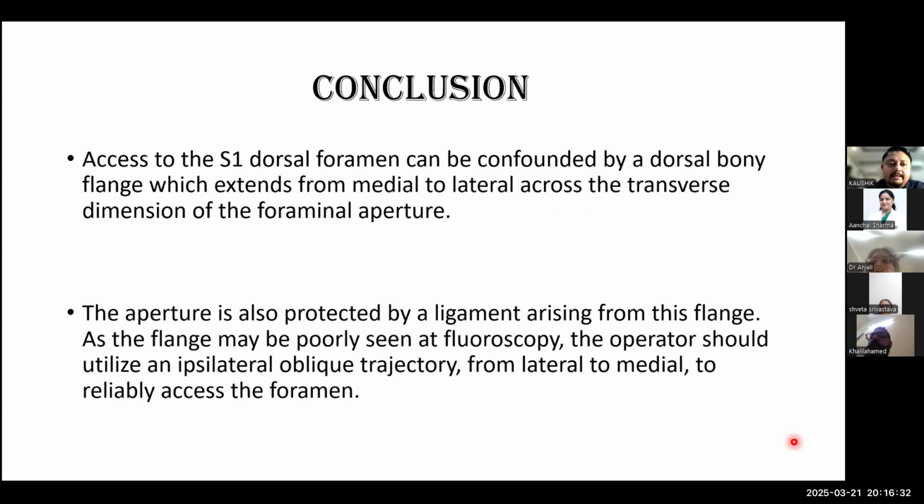To conclude, access to the S1 dorsal foramen can be confounded by a dorsal bony flange, which extends from medial to lateral across the transverse dimension of the foraminal aperture. The aperture is also protected by a ligament arising from this flange. As the flange can be poorly seen in fluoroscopy, it could be quite challenging for the operator and the pain physician to go ahead with the procedure.